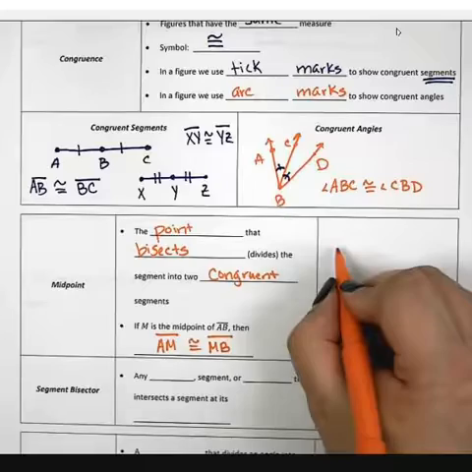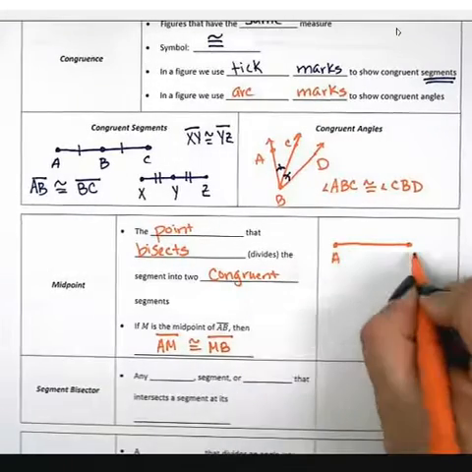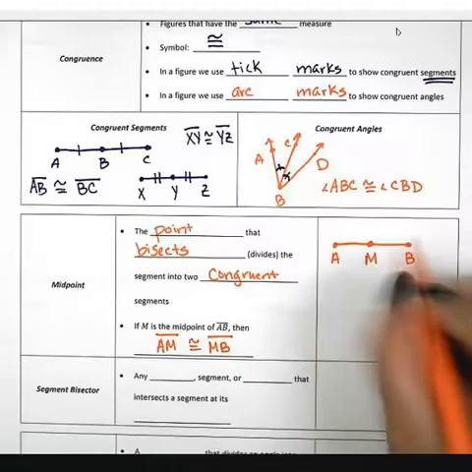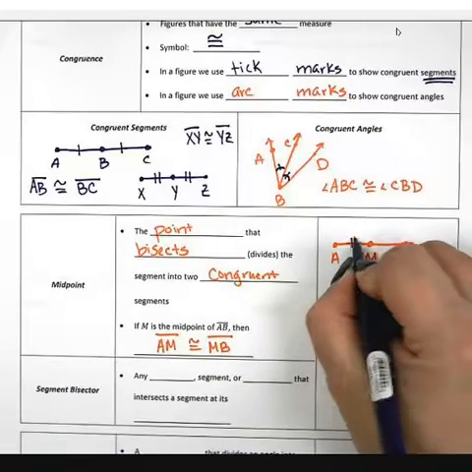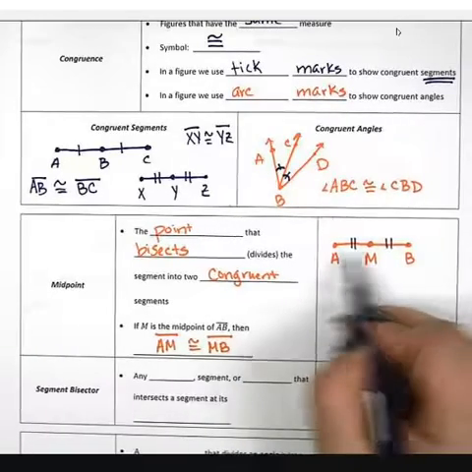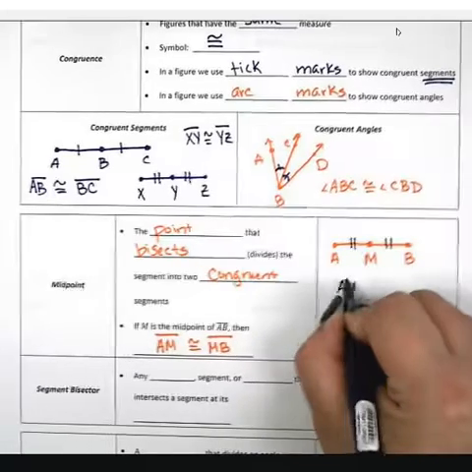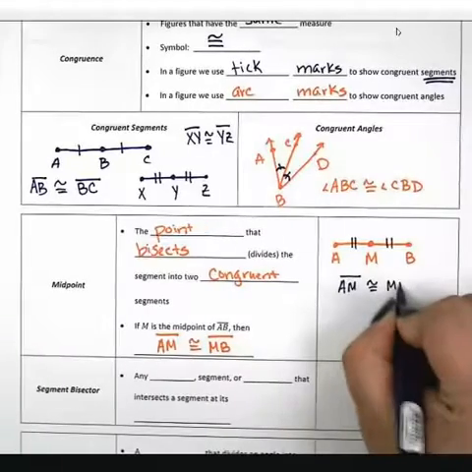So for example, if I have this segment AB and M is the midpoint, then I know I can put tick marks to show that AM is congruent to MB. So segment AM is congruent to segment MB.